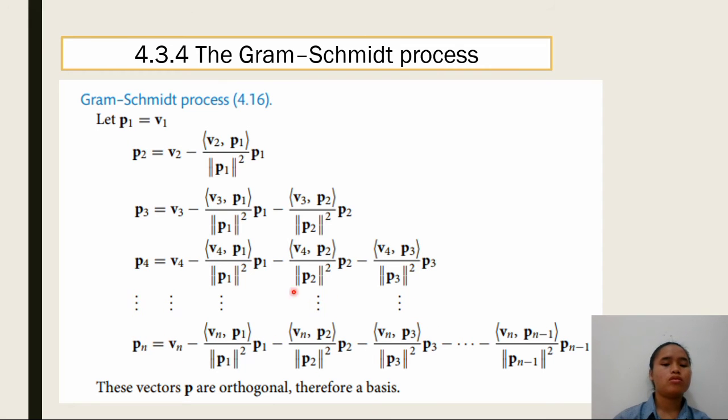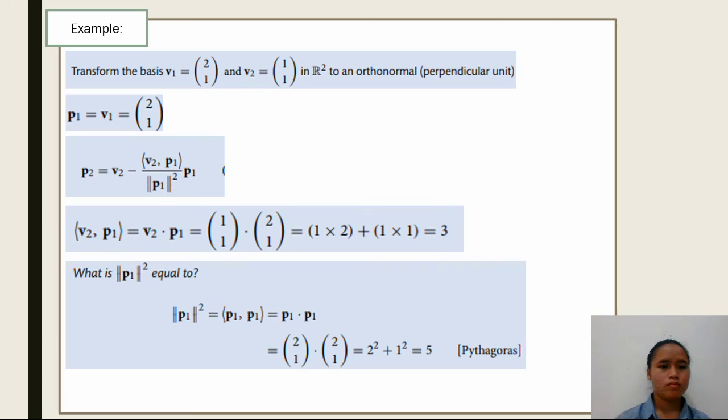So the formula. Example, V1 and V2: V1 equals (2, 1). So the formula, we substitute into the formula and we get the basis.